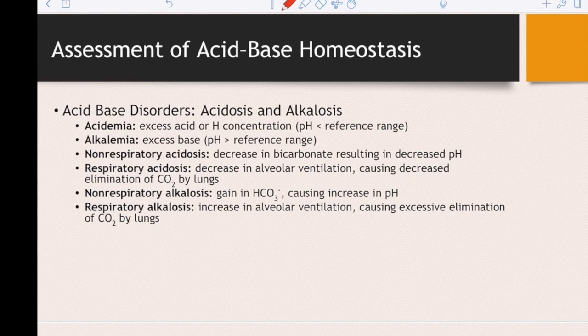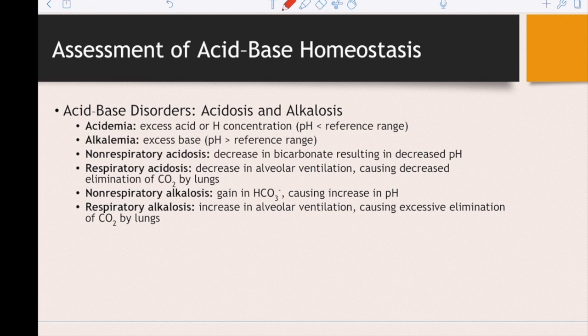So if you have acidemia, that means that you're carrying excess acid or proton concentrations in the blood. So your pH is going to be lower than the reference range, right? Because we have excess protons, that means it's an acidic condition, and according to the Henderson-Hasselbalch equation, our pH is going to be lowered, lower than the reference range.